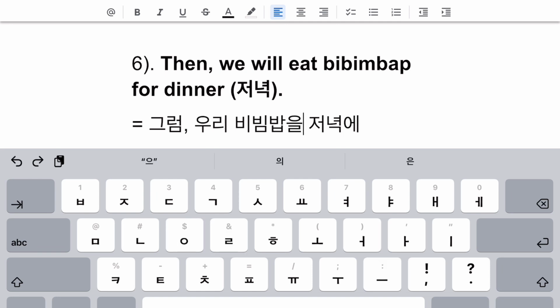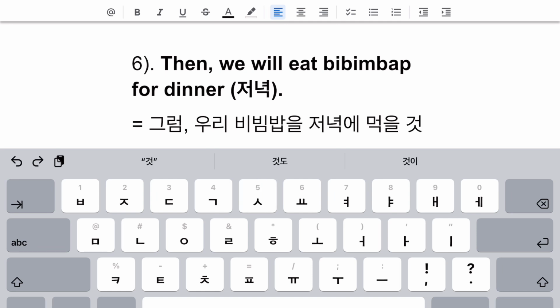Bibimbap or... the more confident would be... either.